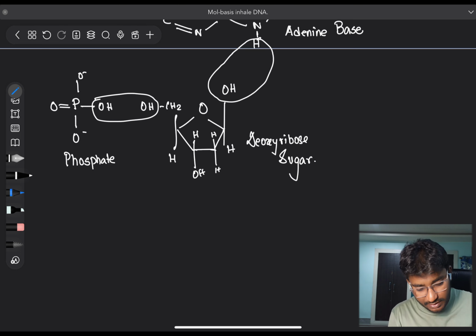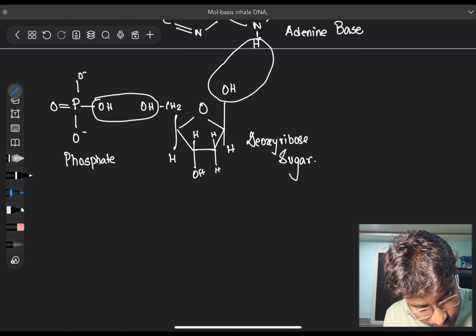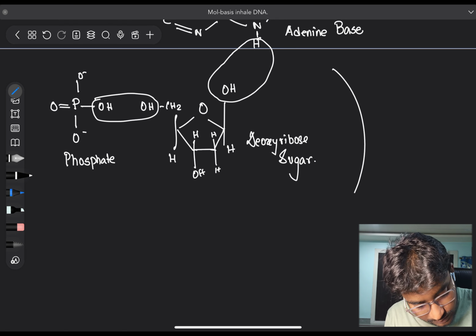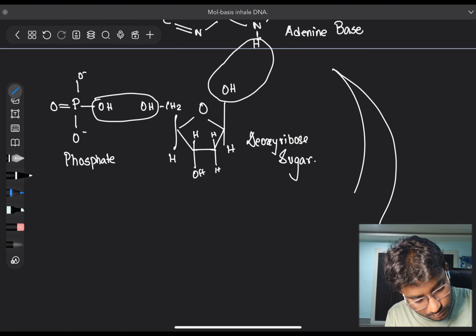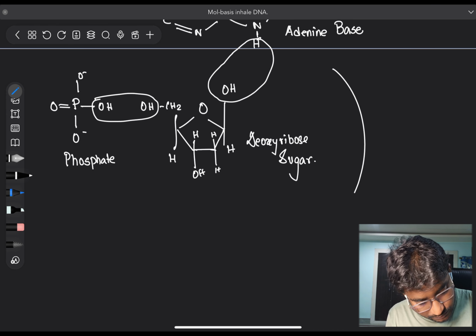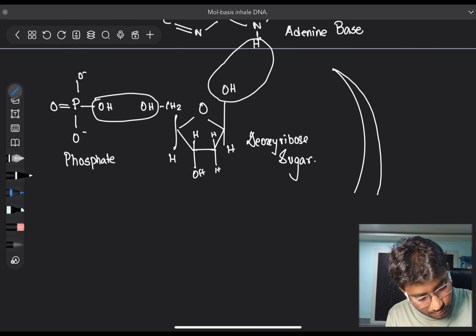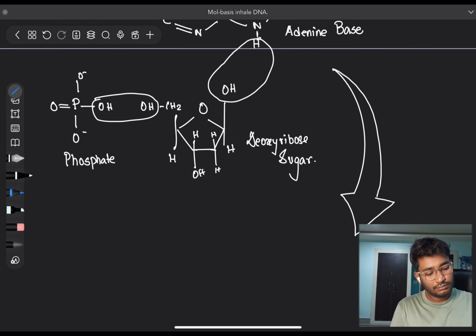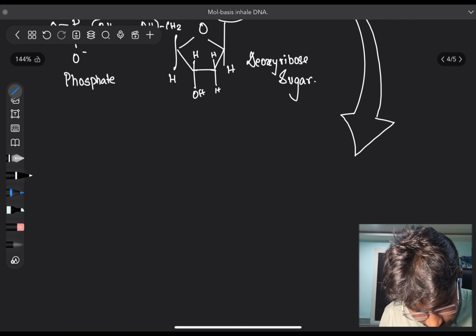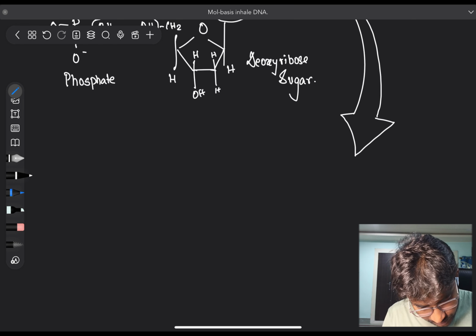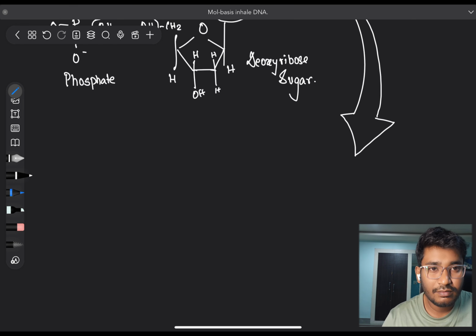So when the bond is made, it converts to this, and a phosphodiester bond is made.